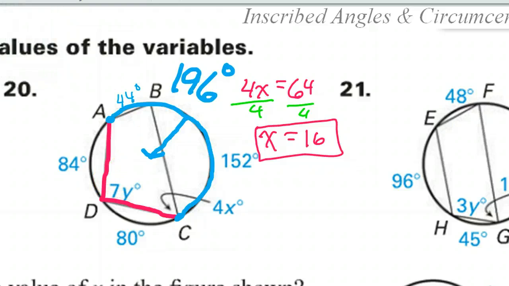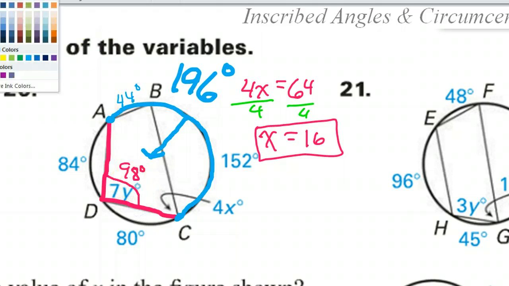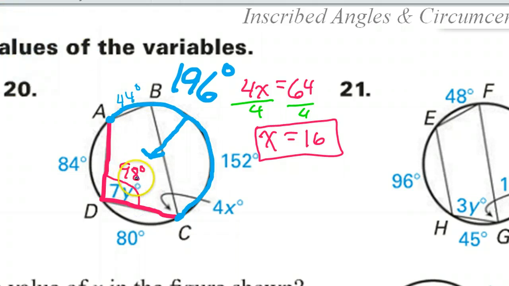Okay, so this angle right here is 98 degrees. But look what you see right there. 98 degrees is labeled as 7y. That means I have this little equation. 7y is 98 degrees.